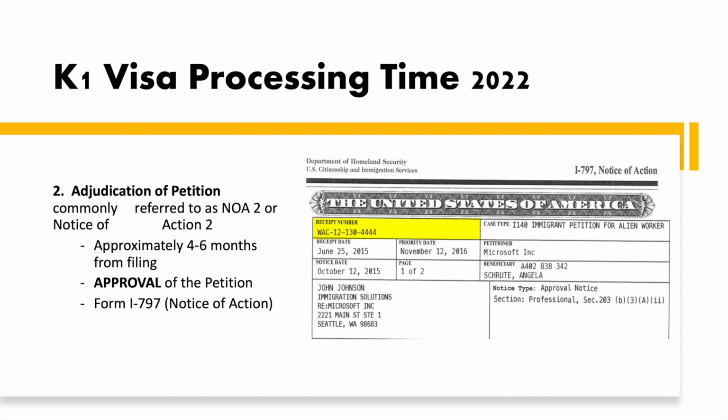Additionally, USCIS wants to pre-screen the petitioner for any criminal background or issues that would create a conflict related to the International Marriage Broker Regulation Act. And upon approval, USCIS will mail the U.S. citizen petitioner another I-797, which is the Notice of Action, or the Approval Notice. So this is our NOA2.